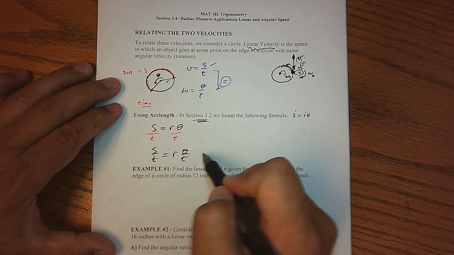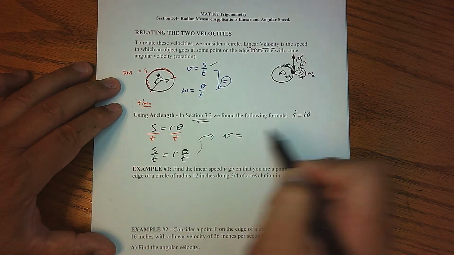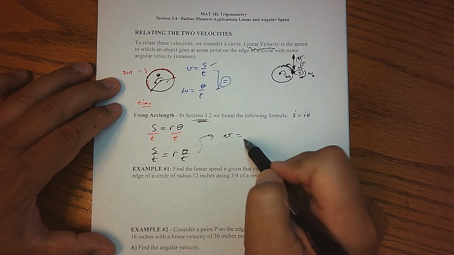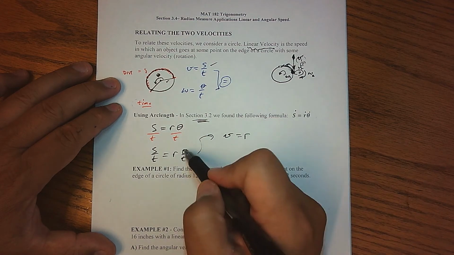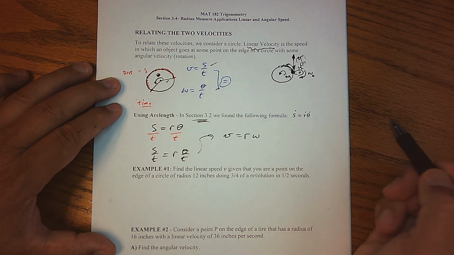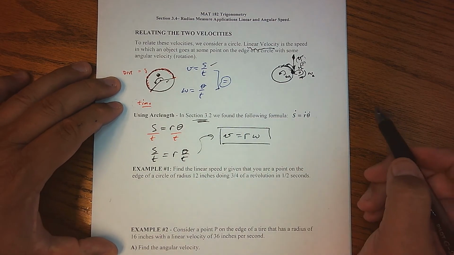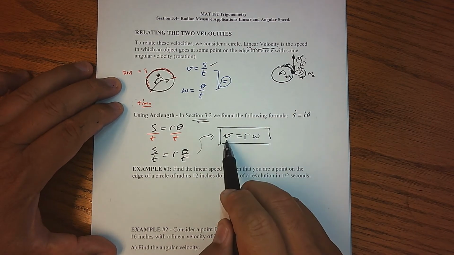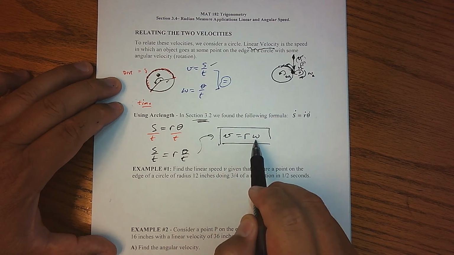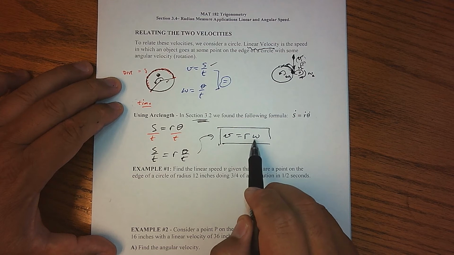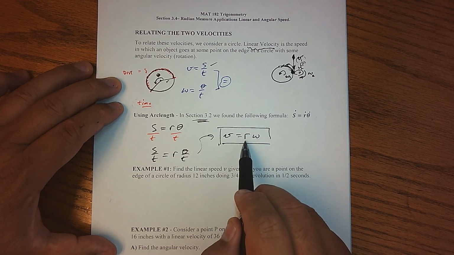But s over t, that's our linear velocity, and r is our radius, and theta over t is our omega. So we have our famous formula that relates my linear velocity to my angular velocity. And we see that they're directly proportional to each other. It just basically takes the radius.